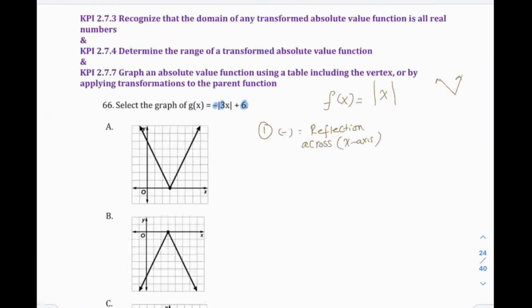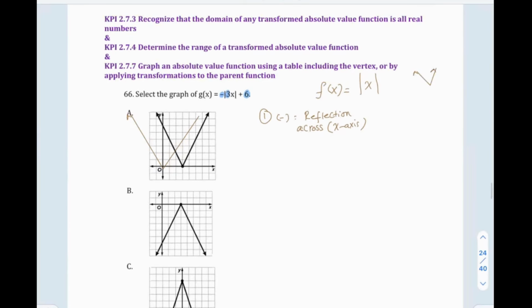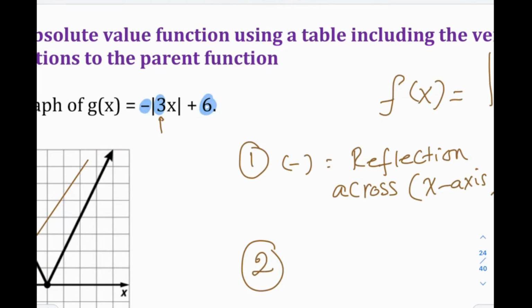What does that mean? If you have the parent function originally here with the slope 1, 1, and both sides, reflection across the x-axis will be somewhere here, keeping the same slope. So this is the first part. Number 2, what will the 3 do? The 3 here is multiplied by the x inside the group. Any multiplication means dilation. And since it's grouped, it will be horizontal, either stretch or compress.